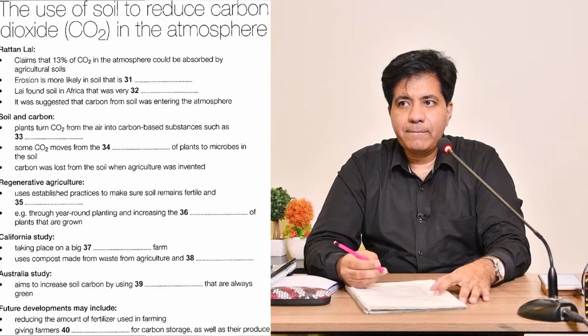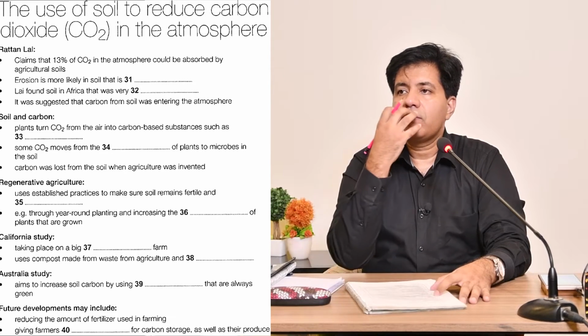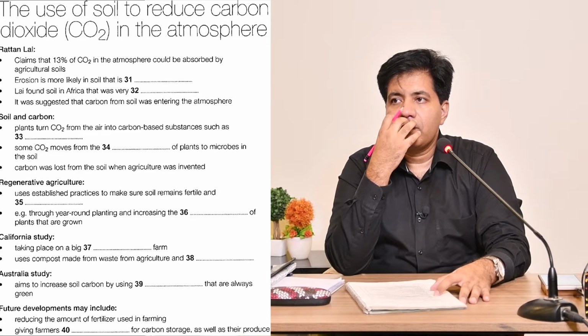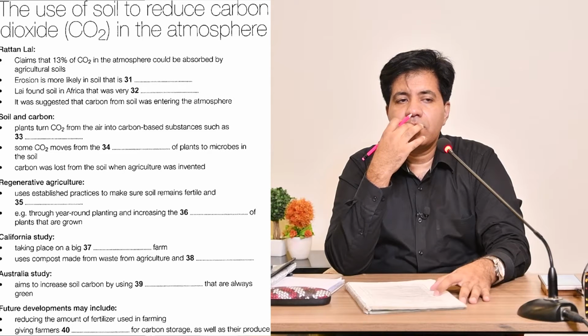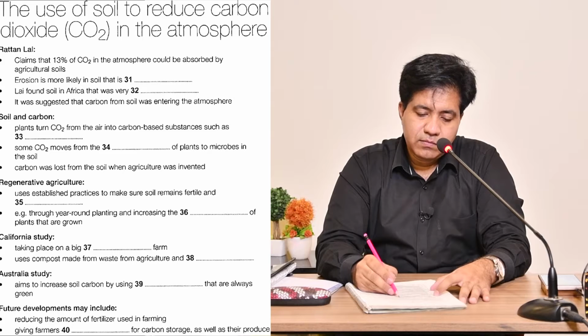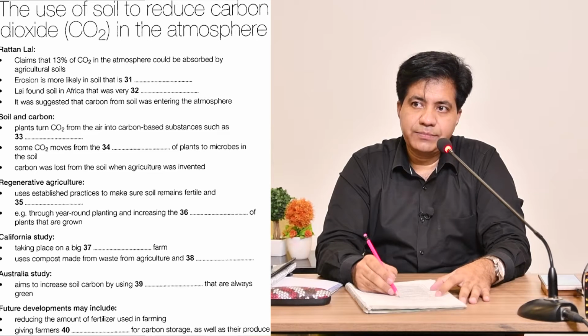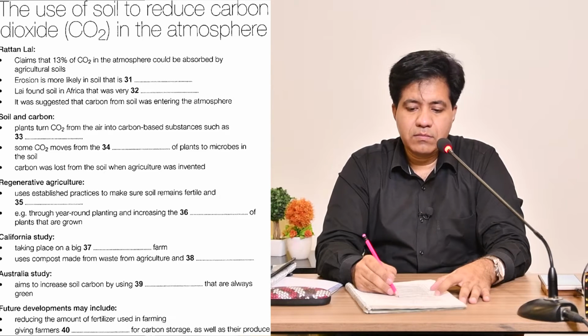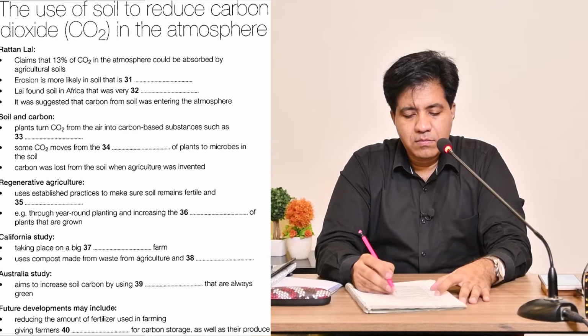One potential method involves enhancing the role of the soil that plants grow in with regard to absorbing CO2. Ratan Lal, a soil scientist from Ohio State University in the USA, claims that the world's agricultural soils could potentially absorb 13% of the carbon dioxide in the atmosphere, the equivalent of the amount released in the last 30 years, and research is going on into how this might be achieved.